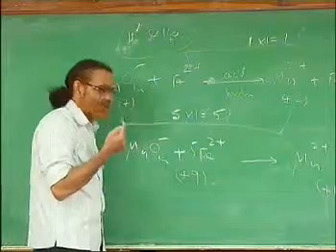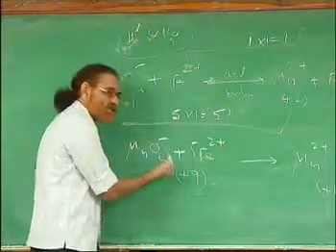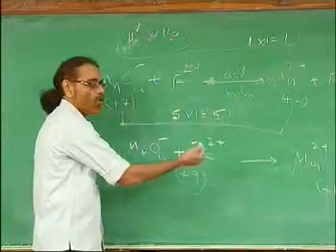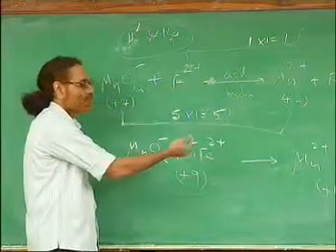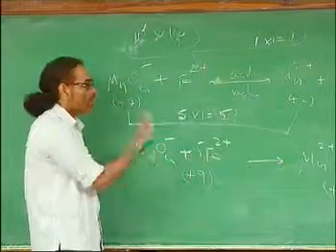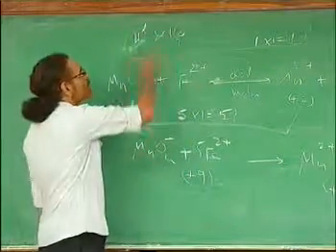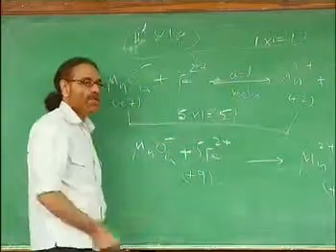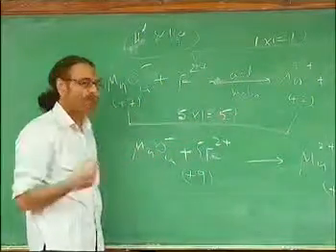Because it is 8 units of charge, this side is 8 units less in plus charge, and that side is more by 8 units plus. To adjust that, take the charged species of the medium, among these two, this is the charged one. So take it to balance the equation with respect to charges first.